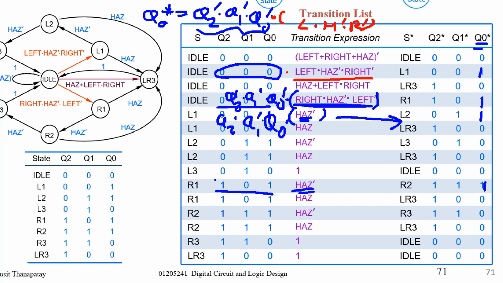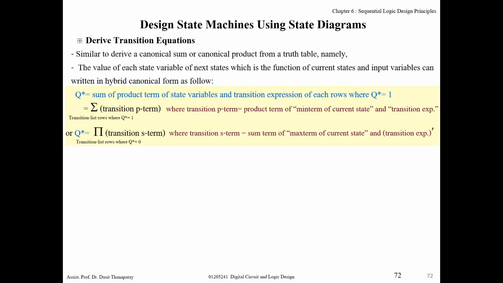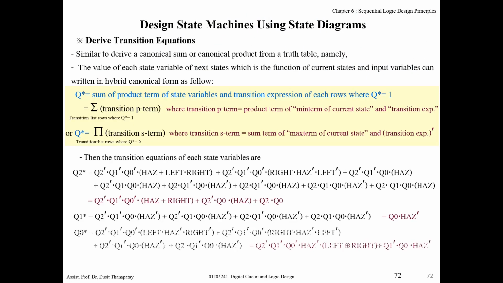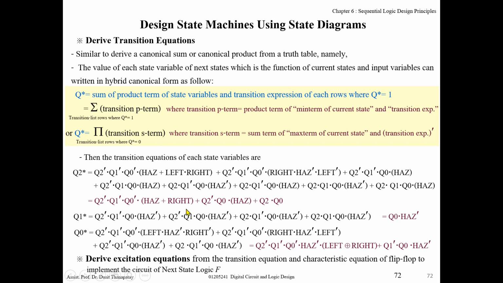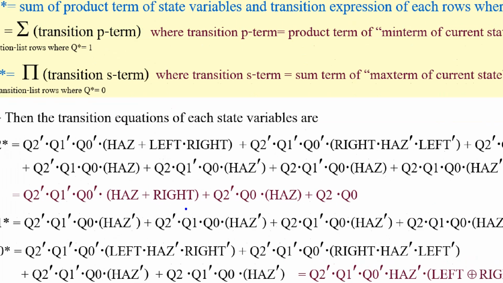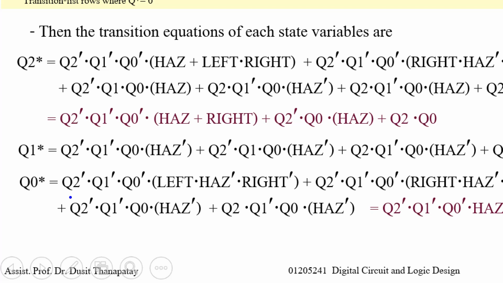So you can write the condition of the state as Q2 and Q1 prime and Q0 and this input condition for Q0. So from this, you can write Q0 star by combining these four conditions all together.